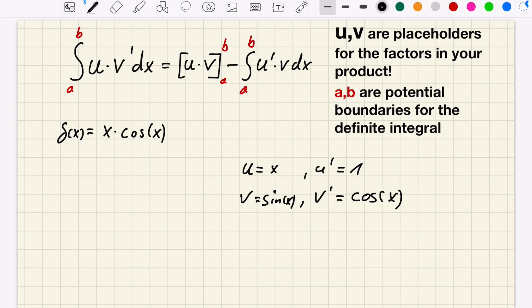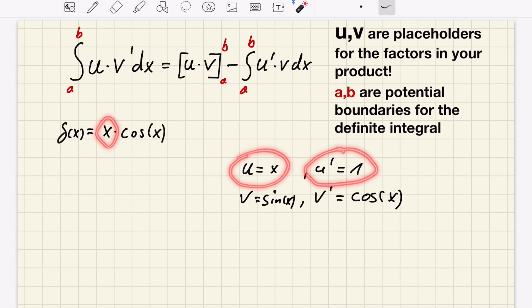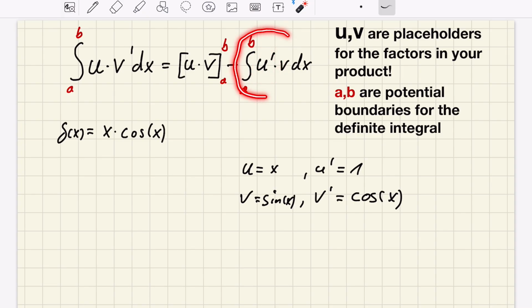Okay, again, you have x and cosine x as the factors of your product. You decided x to be your U because U dash is 1. And that's exactly what you want in this integral on the right side. So as a consequence, for U to be x, V dash is cosine x.